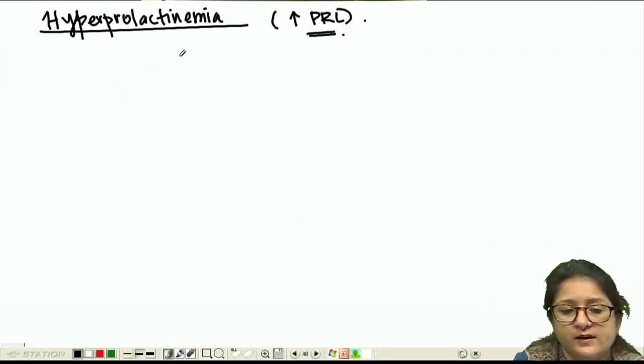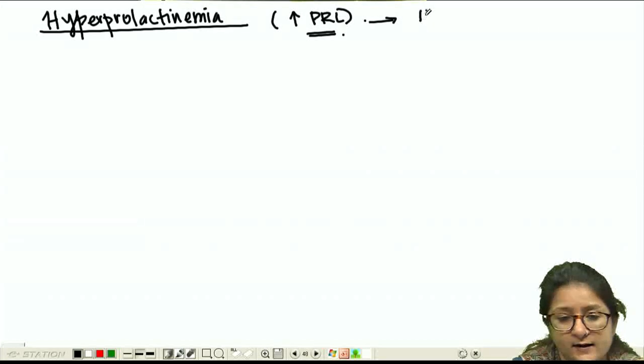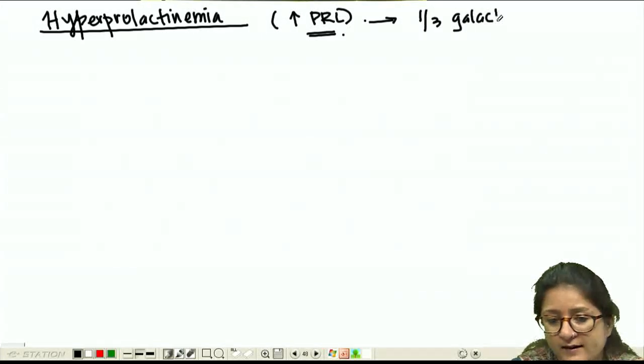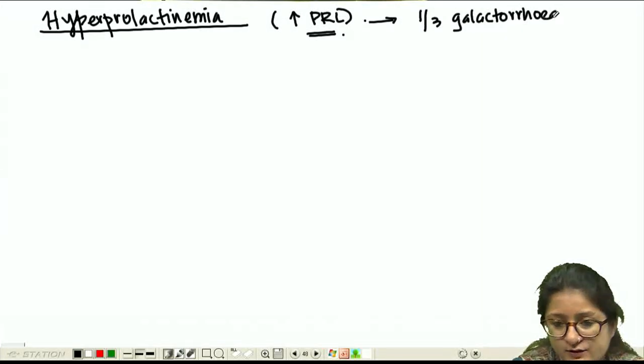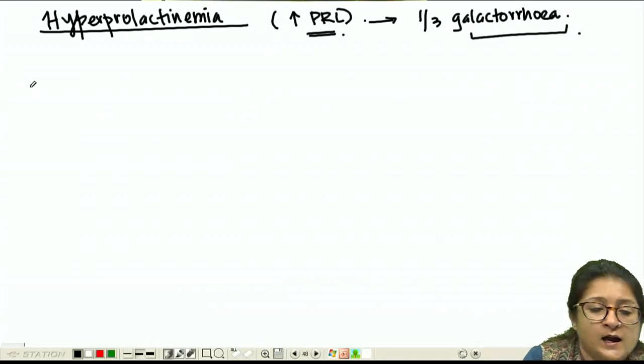But not all women with increased prolactin will have galactorrhea. Remember that of all women with increased prolactin, about one third will have galactorrhea, the rest will not. Galactorrhea is expressible milk production.